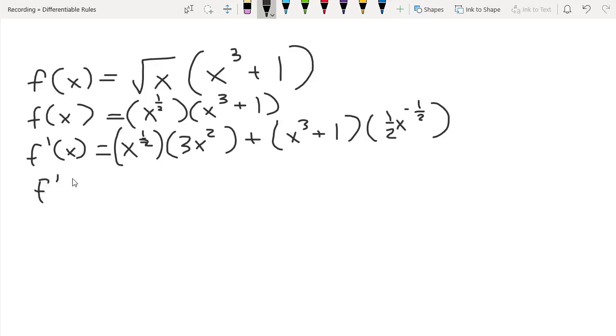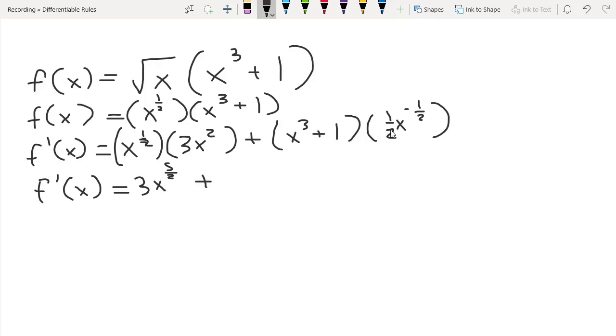So if we were to simplify this, the x's will add together. So 3x, and then 2 plus 1/2 is equal to 5/2, plus, and then we have to multiply this into x cubed plus 1.